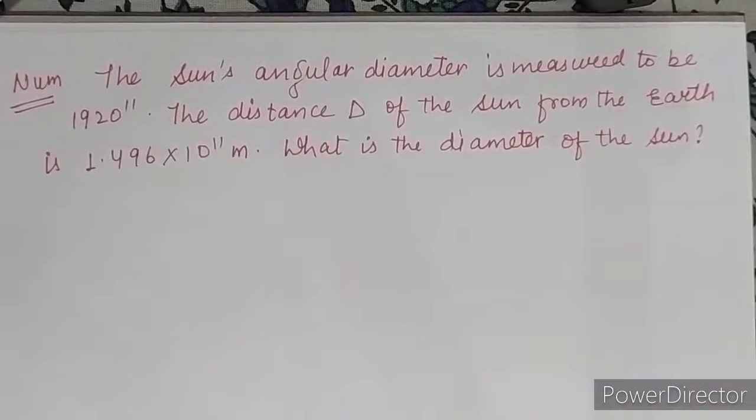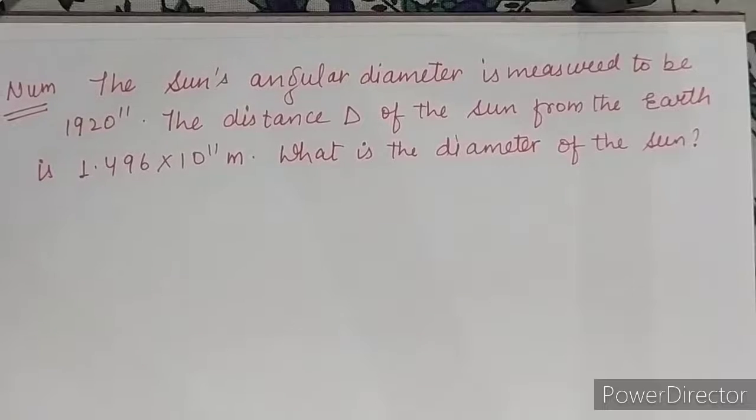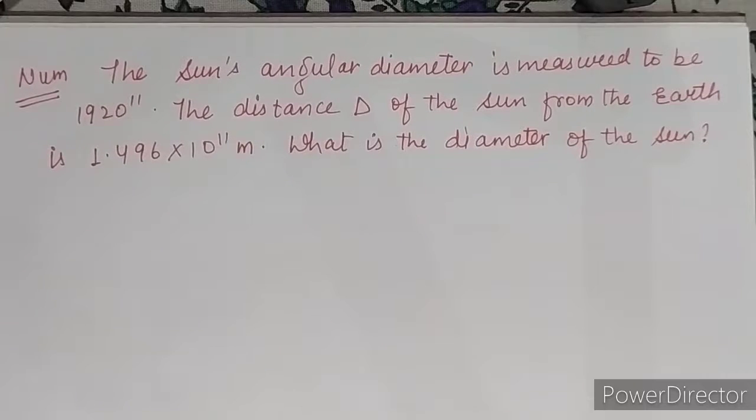This is the numerical. First, beta, you have to convert this value of 1920 seconds into radians. The value is already given in seconds. In our previous question the value was given in degrees and minutes, so we multiplied to convert them into seconds, but this value is already in seconds, so simply multiply it by 4.85 into 10 to the power minus 6 to convert into radians.